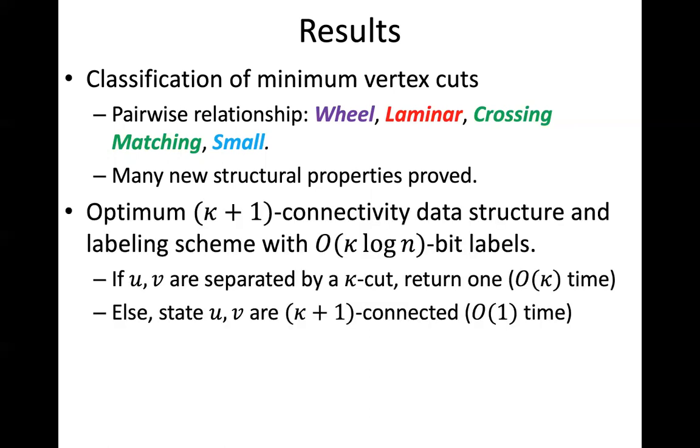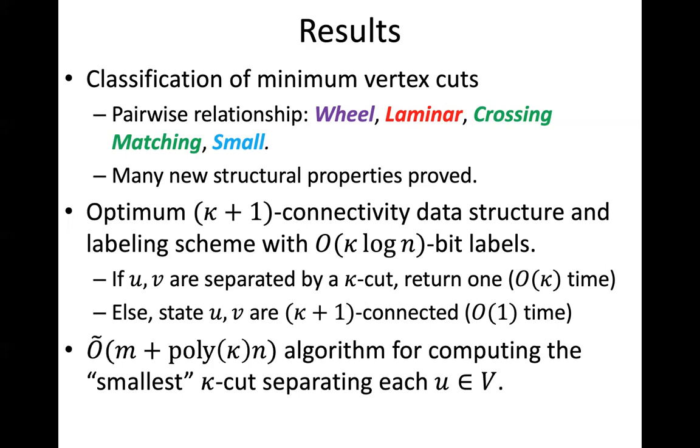The second contribution is to use this classification theorem to come up with a better data structure for answering connectivity queries. So given 2 vertices, are they separated by a global minimum vertex cut? And if so, return one that separates these 2 vertices. And we can answer these queries in optimum time.